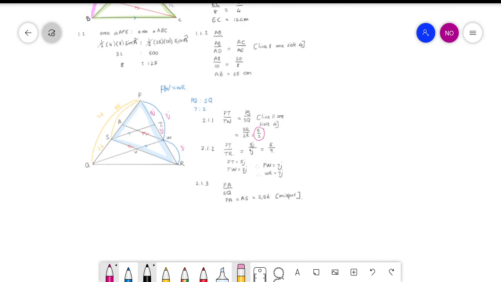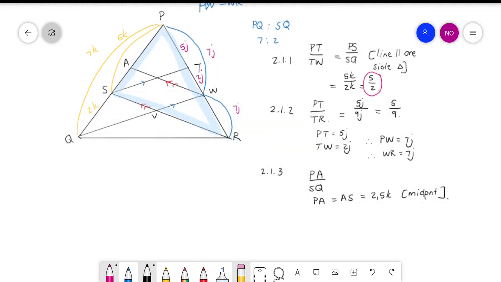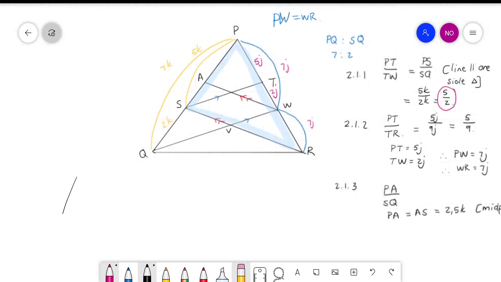Midpoint theorem says if these two are parallel to one another and this is being divided in two, then this one must also be divided into two equal parts. Onthou julle die middelpuntstelling?